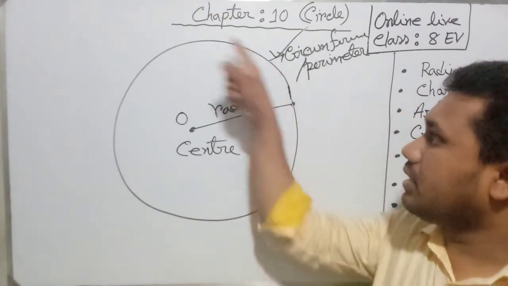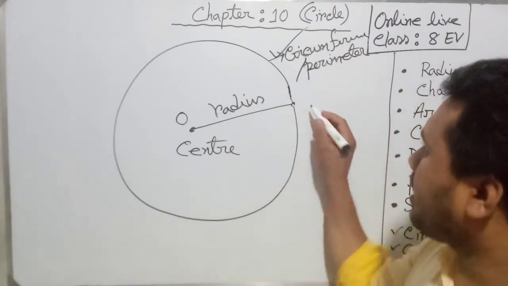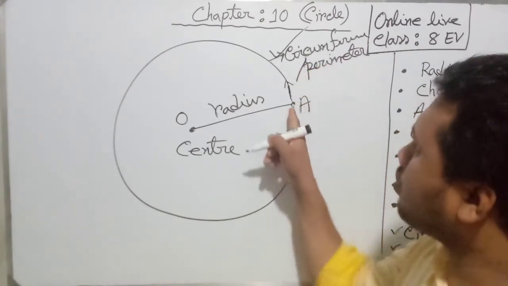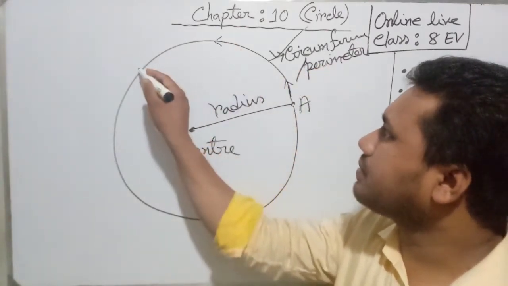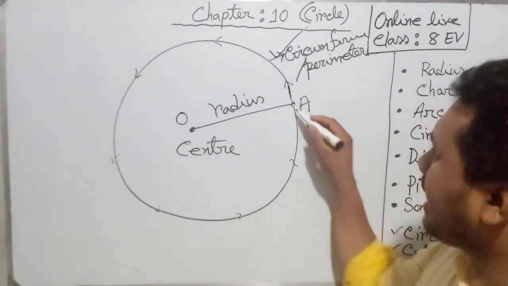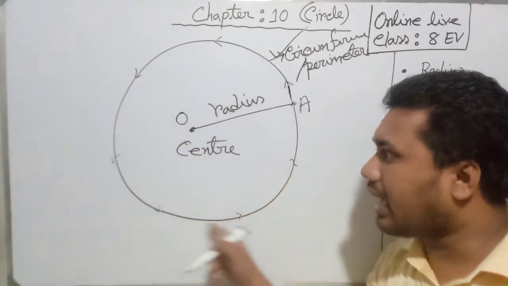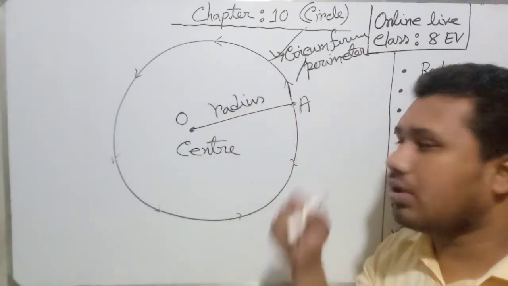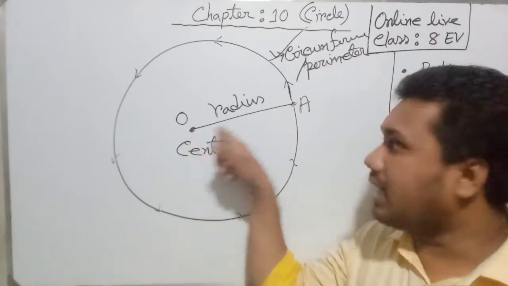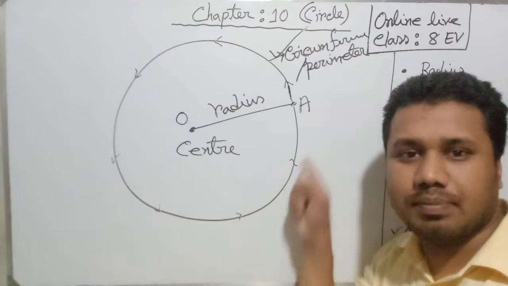Now dear students, what is a circle? Suppose this is a point A. If this point A moves this way and comes back to point A, then we get a path. This path is called a circle. But there is one condition: its distance from the center will always be the same.